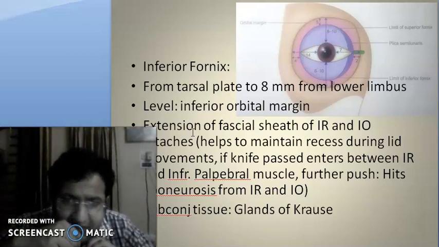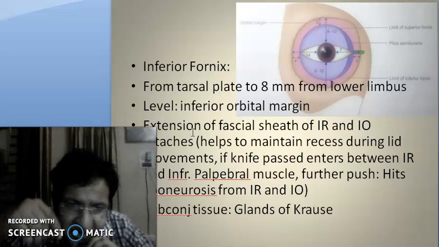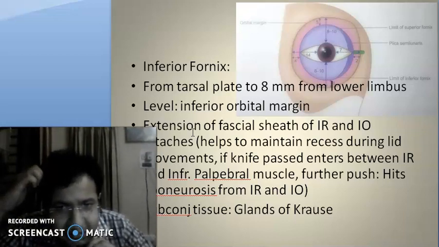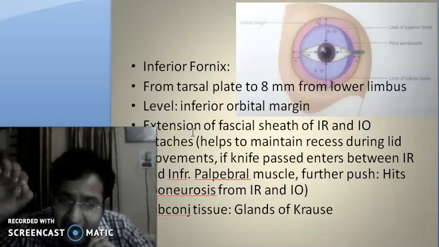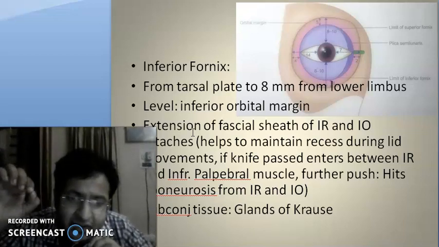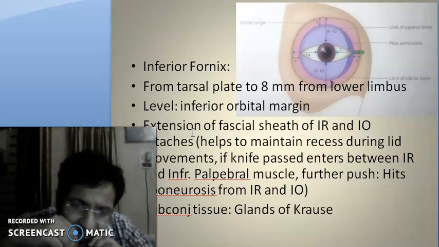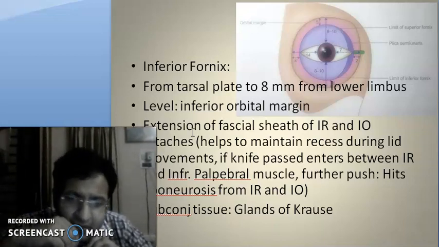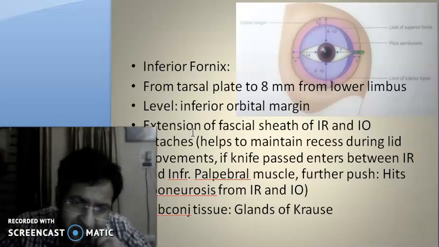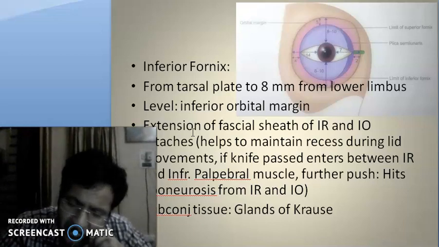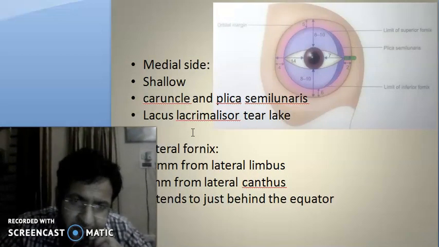It enters between inferior rectus and inferior palpebral muscles, and not between inferior rectus and inferior oblique. If we push further, it hits the aponeurosis which is formed from inferior rectus and inferior oblique muscles. Here also in the subconjunctival tissue we will find the glands of Krause.